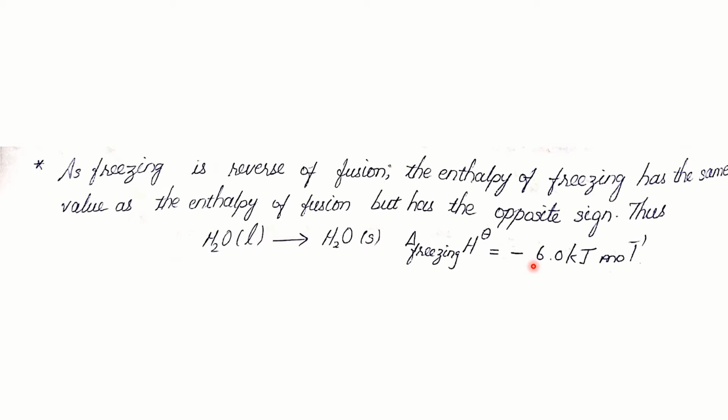That is the standard enthalpy of freezing, which corresponds to the enthalpy change when 1 mole of liquid water freezes, is given by minus 6 kilojoules. Clear? Remember, this is the reverse of fusion. The standard enthalpy of fusion, which corresponds to the enthalpy change when 1 mole of ice melts, would be 6 kilojoules. So their magnitudes will be the same, but they will have opposite signs.